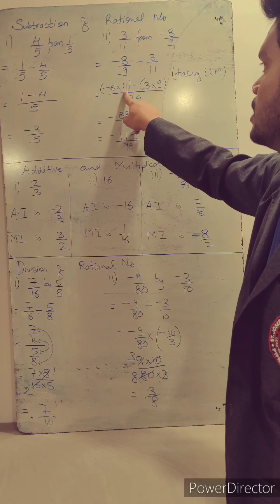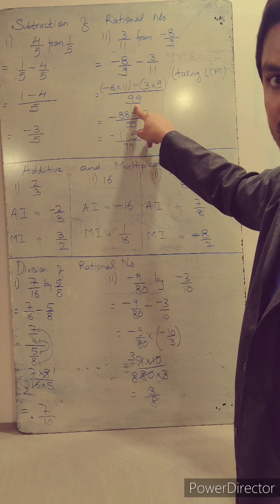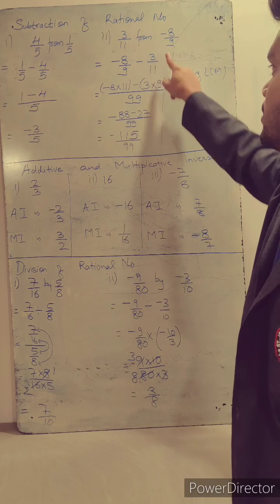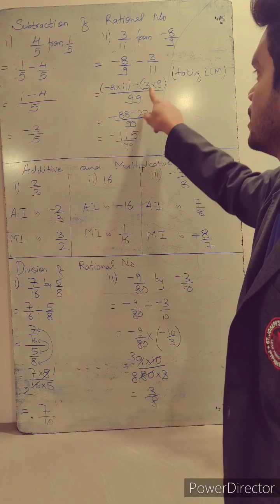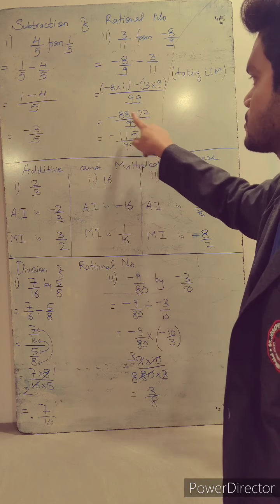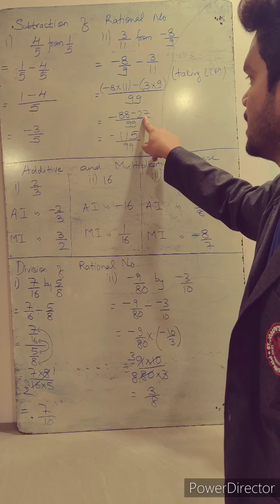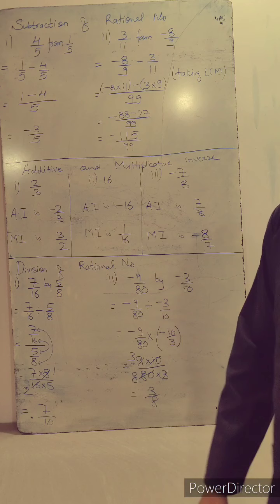Similarly, 11 into how much gives 99? That is 9. So multiply 3 by 9. Minus 8 into 11 gives minus 88, and minus 3 into 9 gives minus 27. Minus 88 and minus 27 gives minus 115 upon 99, which is the final answer.